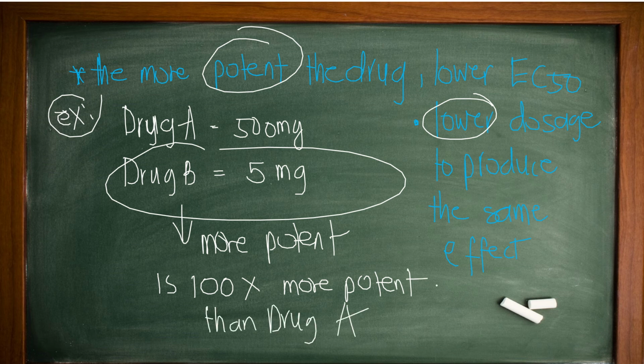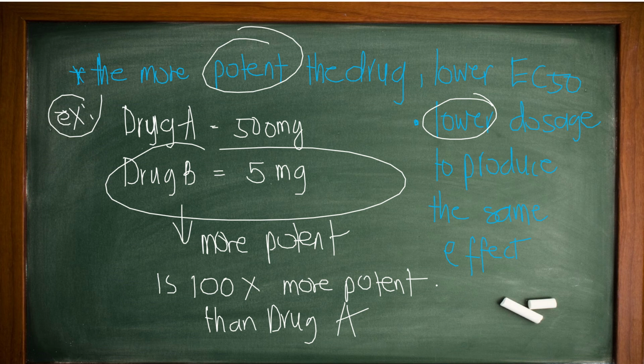You have to remember, class, as a nurse, kung ano ang mas potent na drug. For example, a drug with high potency, example, fentanyl. It produces a significant therapeutic response at a lower concentration. Remember, the more potent the drug, the lower the EC50.